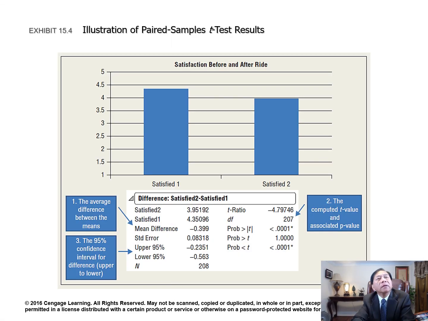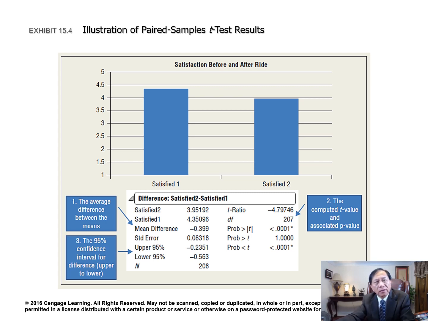This is an example showing the paired t-test results. Here it is showing the satisfaction of a group of people before and after a joy ride in a theme park, for example, right?